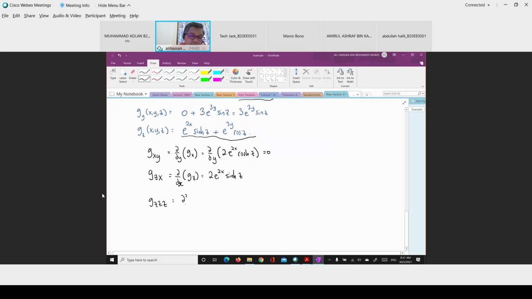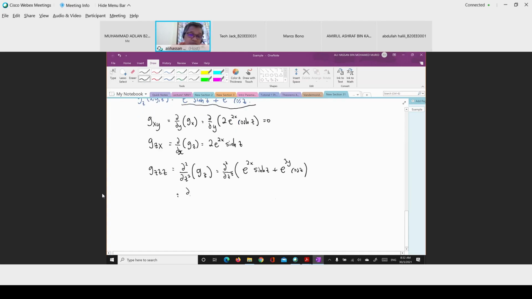We can also write this as the second partial derivative of G with respect to Z. G partial Z is e to the 2x sinh Z plus e to the power of 3y cosine Z. We differentiate G partial Z with respect to Z once.